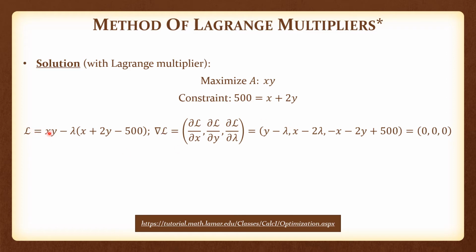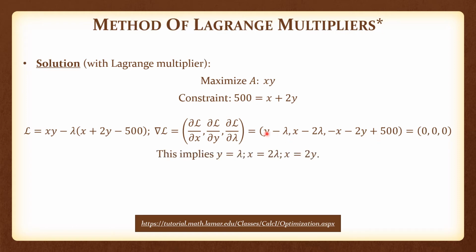When you differentiate L with respect to x, keeping y and lambda constant, you get y minus lambda. With respect to y, keeping x and lambda constant, you get x minus 2 lambda. With respect to lambda, keeping x and y constant, you get minus x minus 2y plus 500. All of them are set equal to 0.